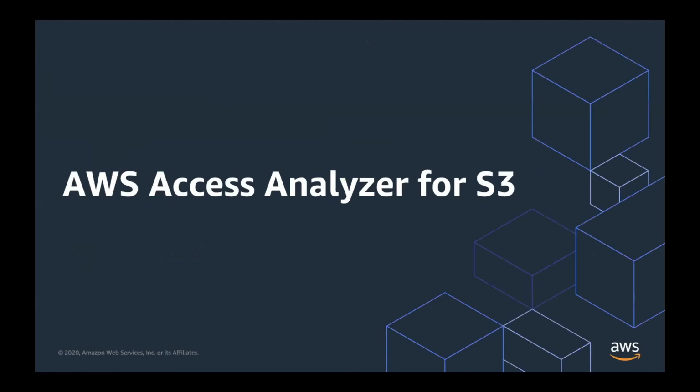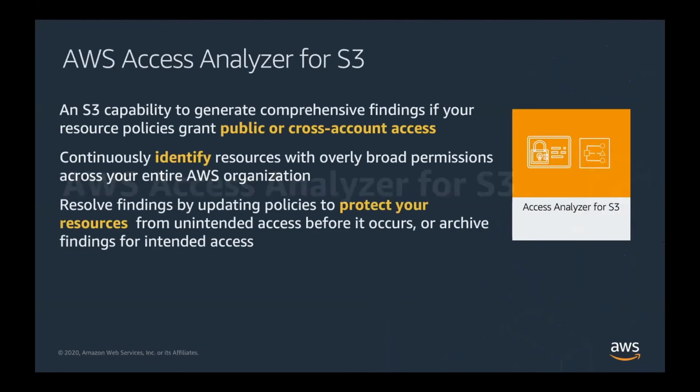So in this case, AWS launched something called Access Analyzer for S3, and Access Analyzer has the capability to generate findings that give you granular information on which objects have cross account or public access under which conditions, and enables you to update those policies to protect those resources.